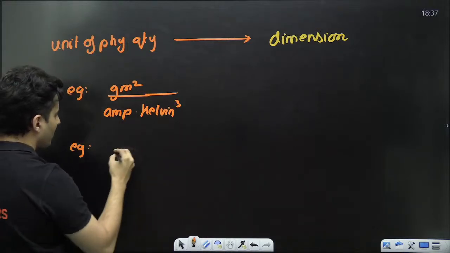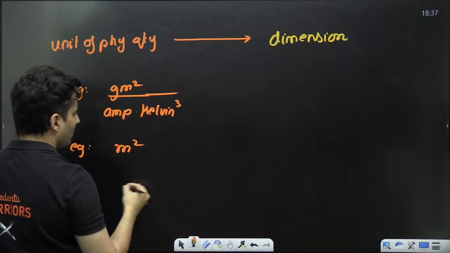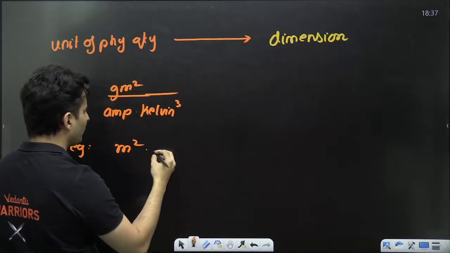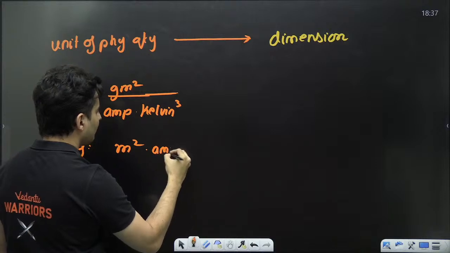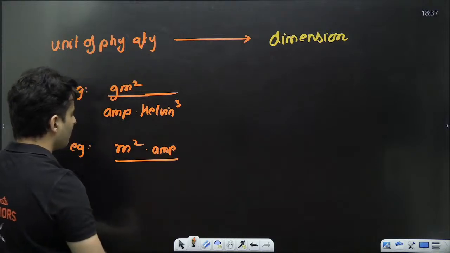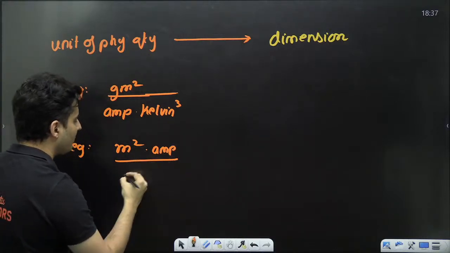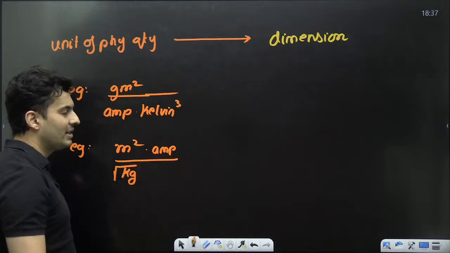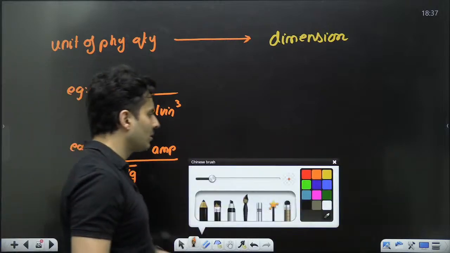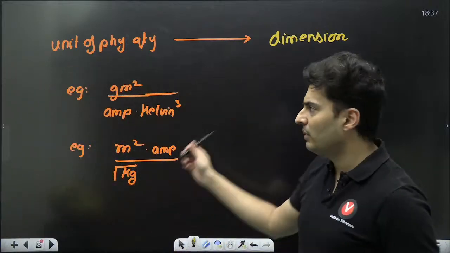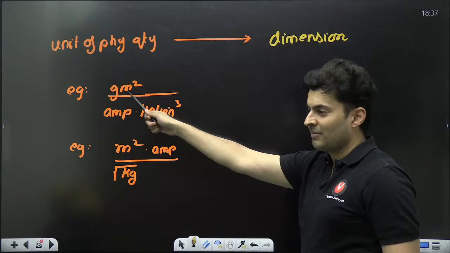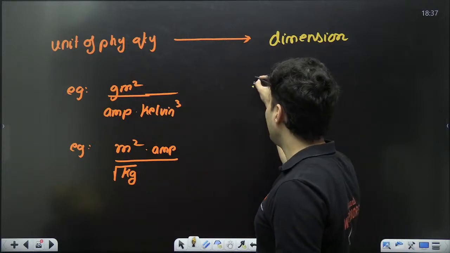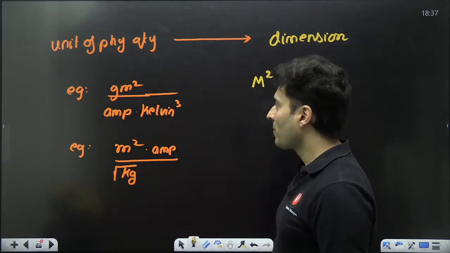Another example, meter square into ampere per meter square into ampere per kg's root. What is the dimension going to be? Let's have a look at it. Gram is mass, so it is basically m raised to 2.